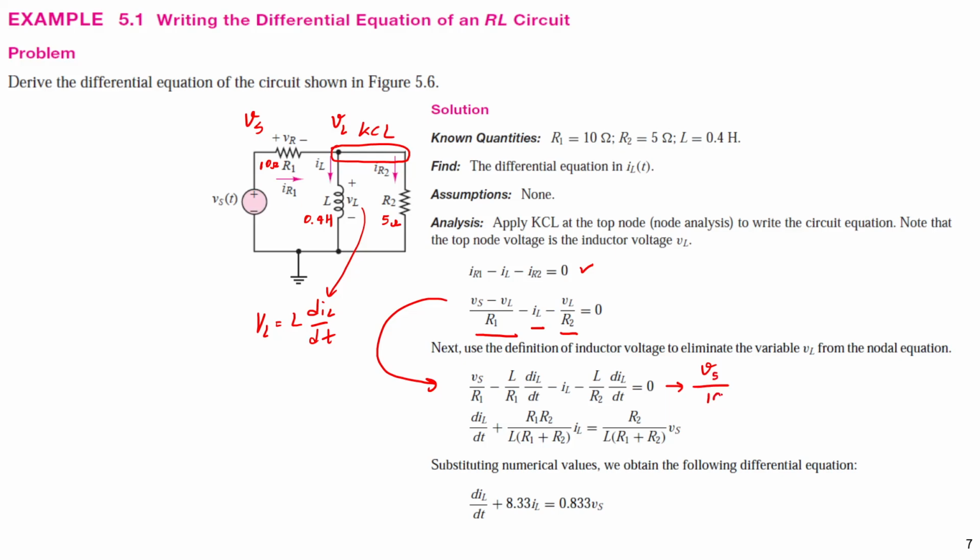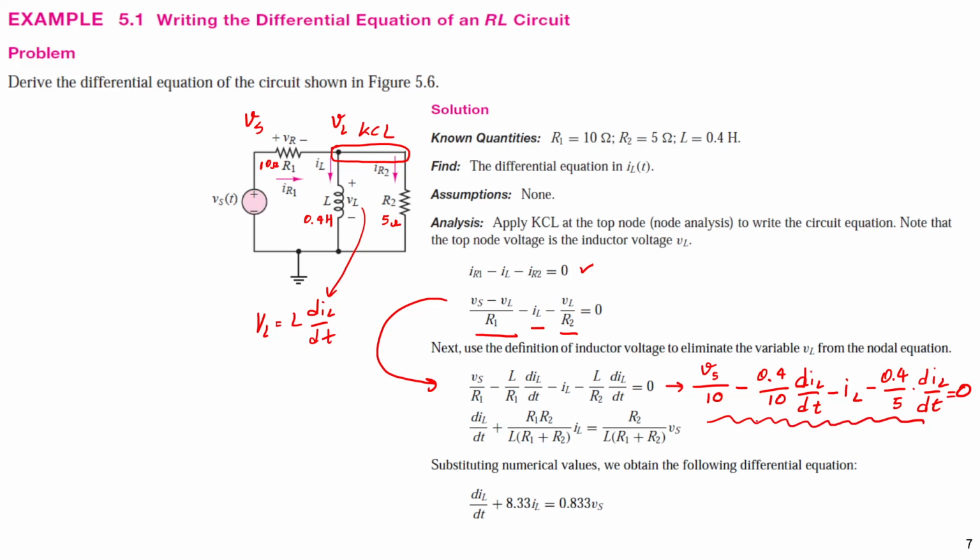Or we can maybe use this method, maybe simpler: Vs divided by R1, where R1 is 10, minus IL minus 0.4 by 5 dIL by dt equal to 0.